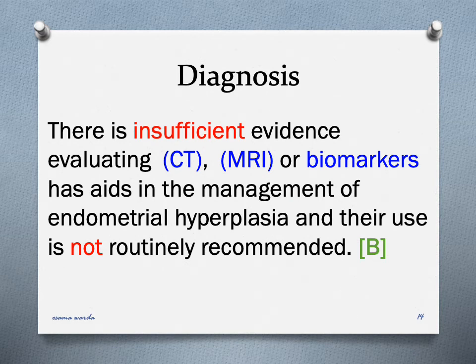There is insufficient evidence evaluating CAT scan or MRI or biomarkers as aids in the management of endometrial hyperplasia, and their use is not routinely recommended. There is no evidence that these diagnostic tools are superior to the usual ultrasound.